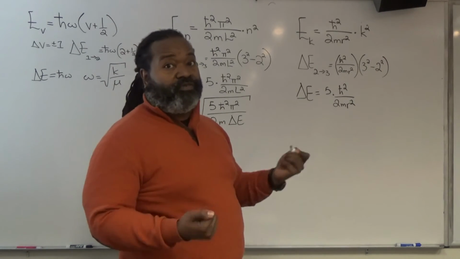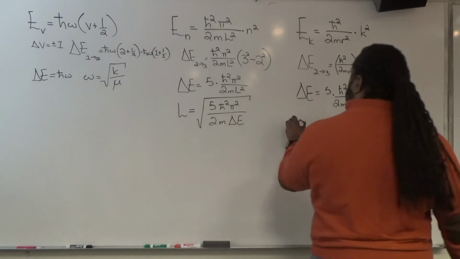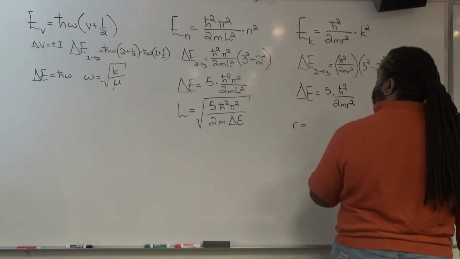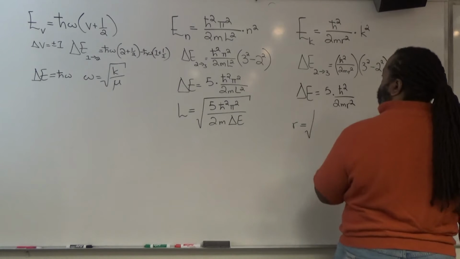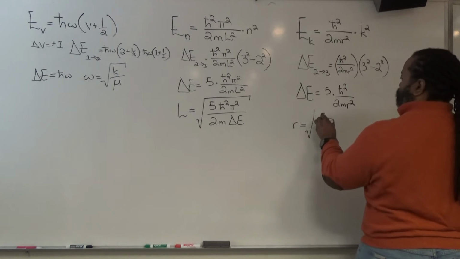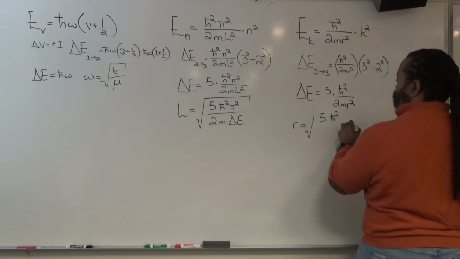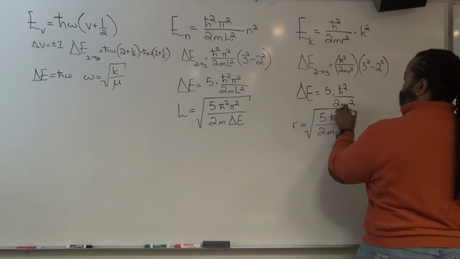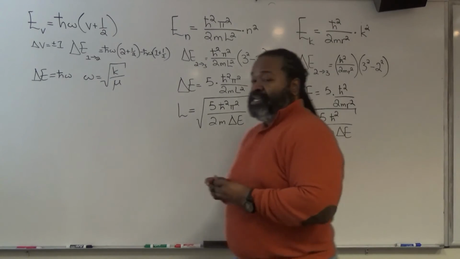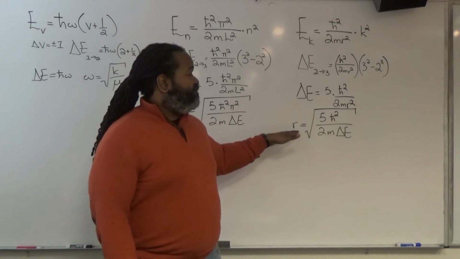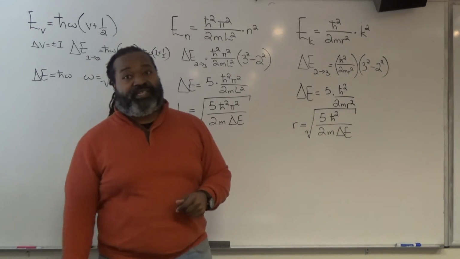We can solve for r. And so in this case, once again, we'll have a square root. And in this case, the fundamental feature of the system that we're looking at is the effective radius.